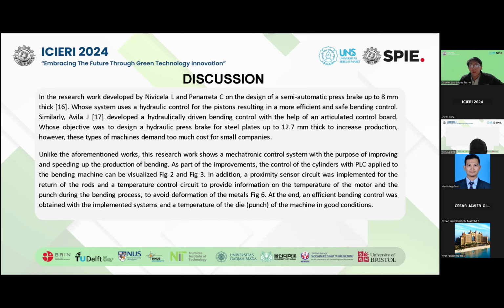We integrate a mechatronic control system with PLC, proximity sensors, and a temperature control circuit. These features improve efficiency and safety but keep the cost low, making the machine a flexible option for small businesses.